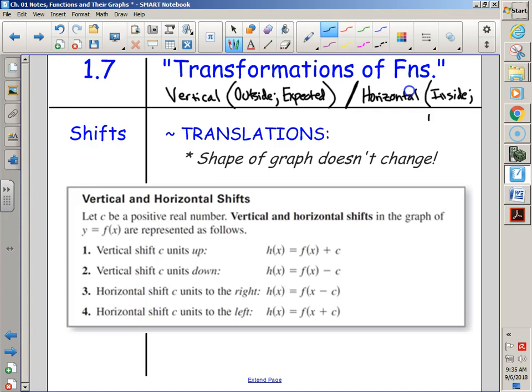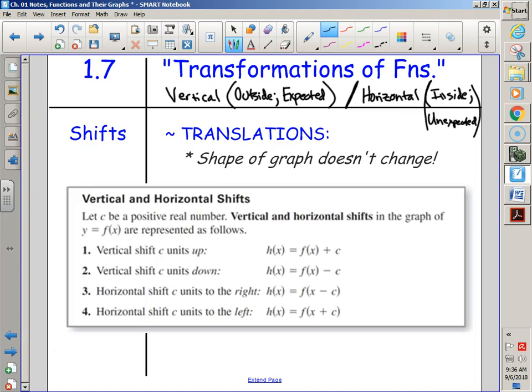So I would say unexpected. If you see a minus on the inside, you're going right. If it's an addition on the inside, you're going left. It's a little bit counterintuitive.